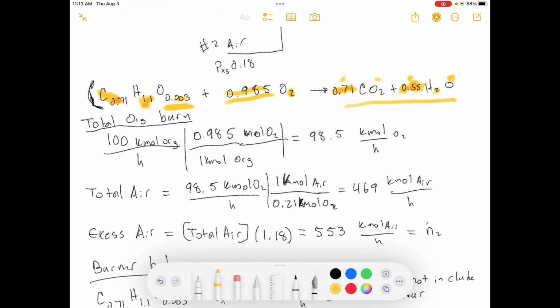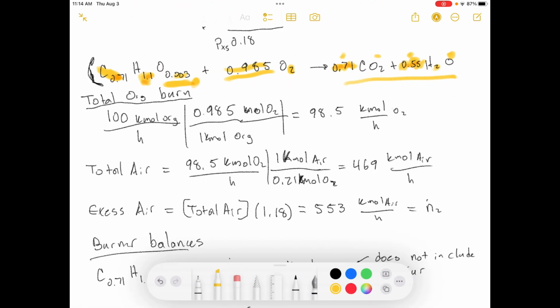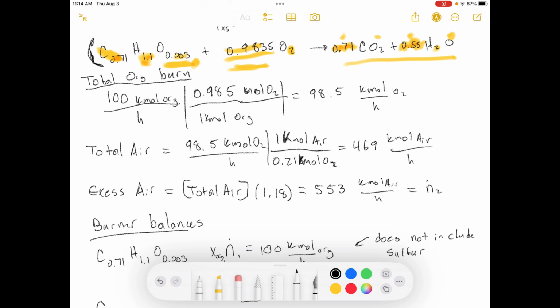And I may have forgotten to subtract this out, so these numbers are slightly off. This number should be 3.5, and that ends up changing a bunch of this, because I forgot to add that in.